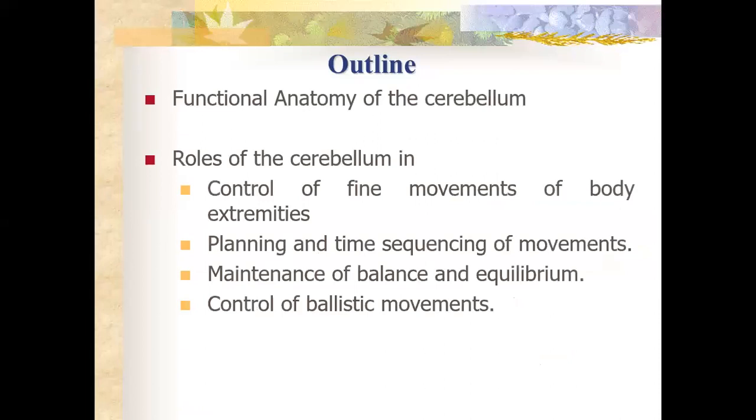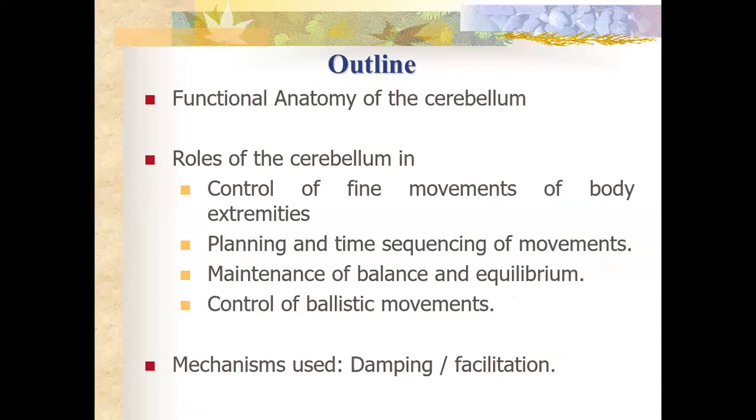So this is the outline. We shall see the roles of the cerebellum in the control of fine movement of body extremities, in the planning and time sequencing of movement.